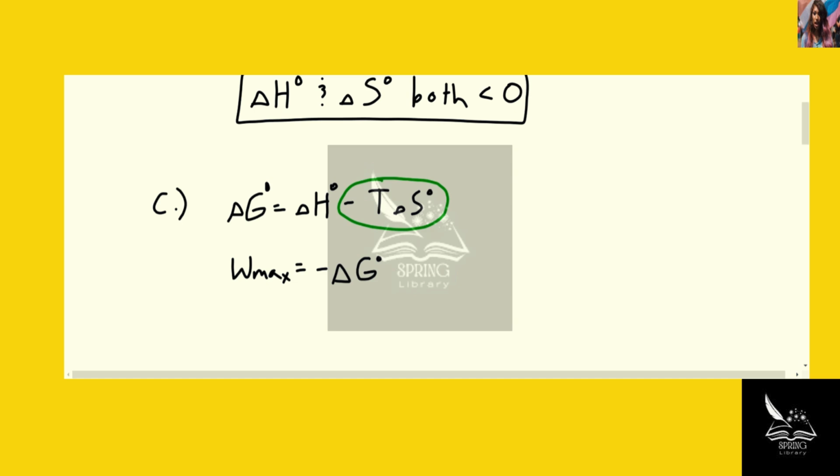And so those negative terms cancel off, and due to a large positive temperature, as we increase the temperature, that becomes a more and more positive term to the extent where it surpasses the negative magnitude of delta H, so that delta G becomes more positive.